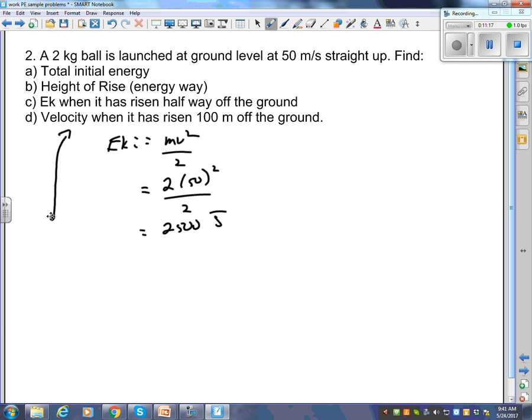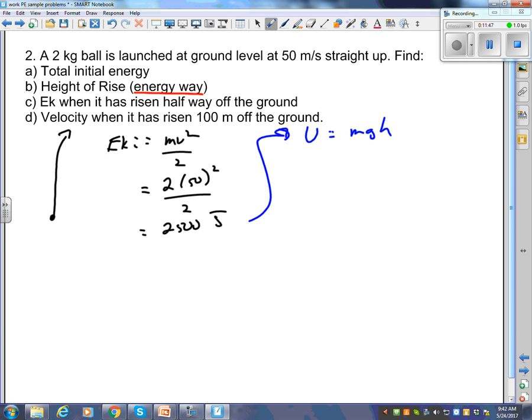2,500 joules of kinetic energy. Now, how do I find the height of rise? This could be a kinematics question, right? But it says to do it in an energy way. So how do I find out how high it goes? Well, when it goes up, what happens to all that 2,500 joules of kinetic energy? It gets converted to potential, doesn't it? It becomes U equals mgh.